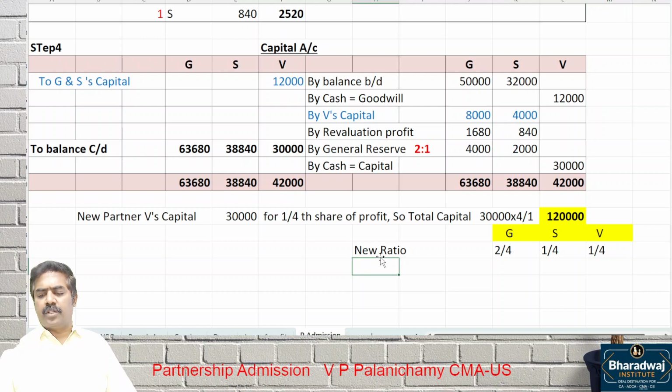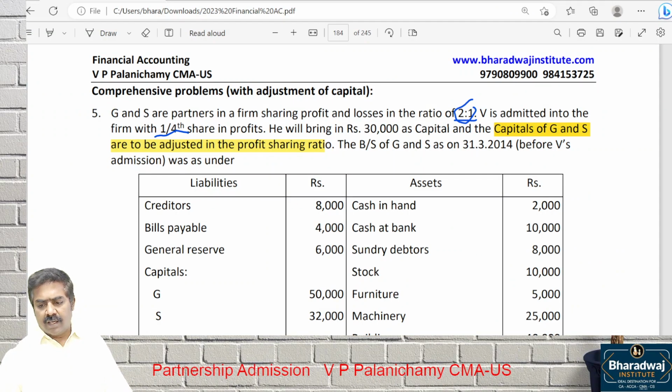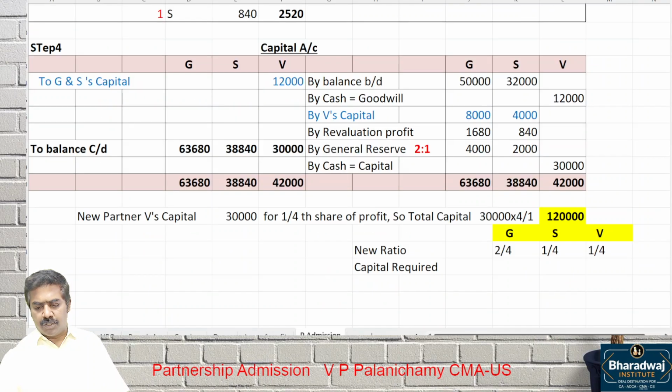In this ratio they should contribute. What is the capital required? 1,20,000. Capital of G and S to be adjusted in which ratio? Profit sharing ratio, 2/4, 1/4, 1/4. How much will it come? 60,000, 30,000, 30,000.